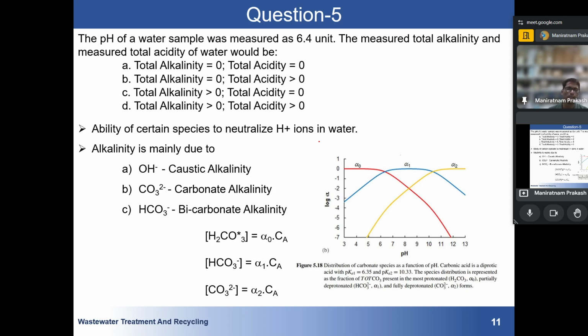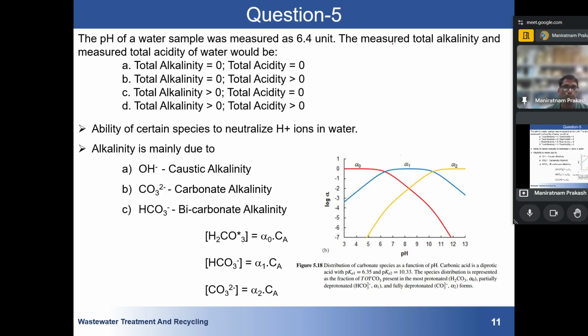So the ability to neutralize H plus ions is known as alkalinity, and alkalinity is generally caused by OH minus, carbonate and bicarbonate: that is, hydroxyl alkalinity, carbonate alkalinity and bicarbonate alkalinity. So at 6.4 pH, first you should know whether these three ions are present in the system.